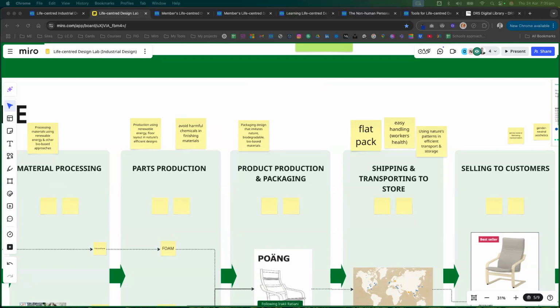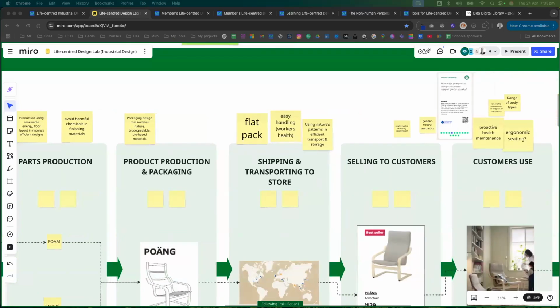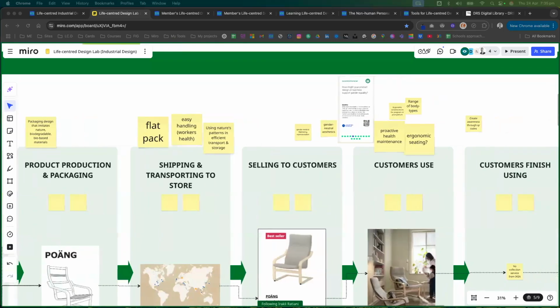One, to minimize the impact of transportation, and also I think it will make the handling easier for workers. If some people have to do it every day over a long period of time, sometimes just because of handling, they have some back problems. And I think it's also a good idea to think about the people who are actually installing them and how you could make it easier or minimize that impact.